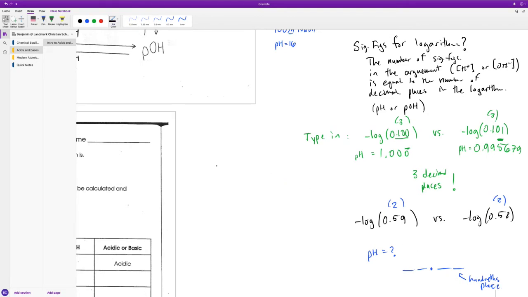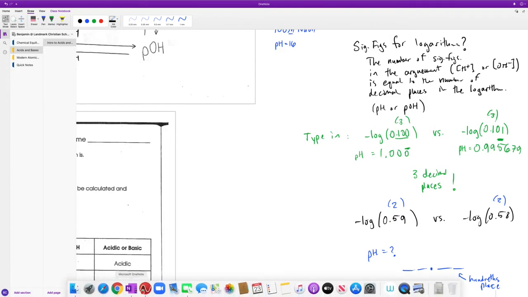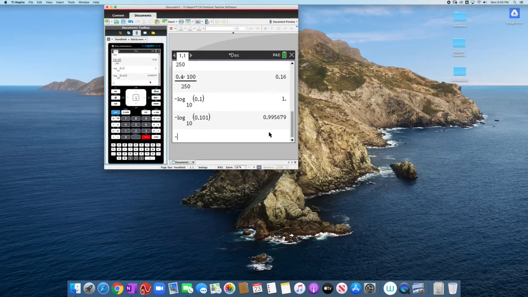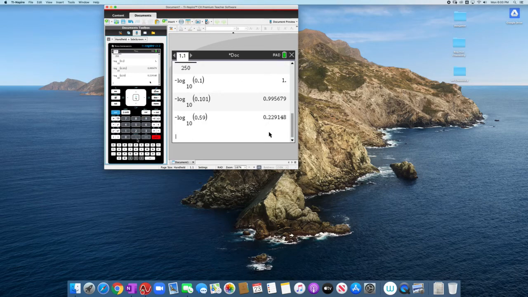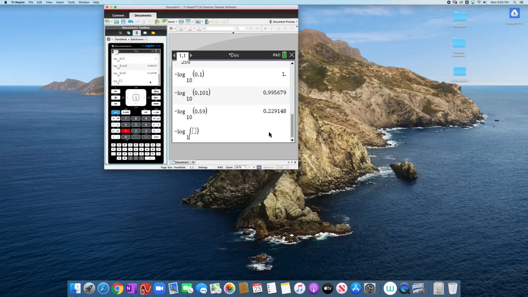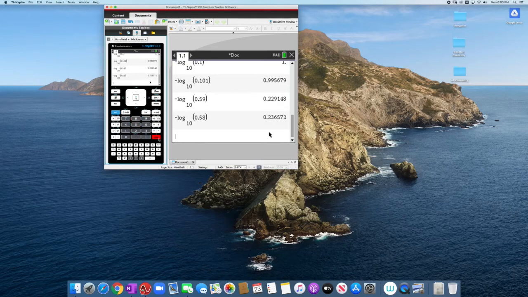So let's just verify that. Okay, negative logarithm, base 10, of 0.59, and negative logarithm, base 10 of 0.58. Okay, and there we can see this one gives us 0.229 and 0.236.